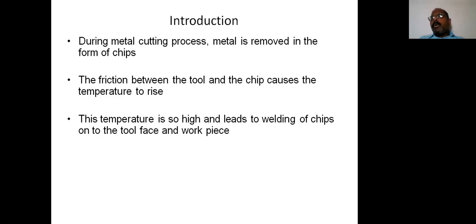That process is termed welding. What is the meaning of welding? Joining, or making a joint, between two metals. Listen carefully. This welding process takes place for metals only.